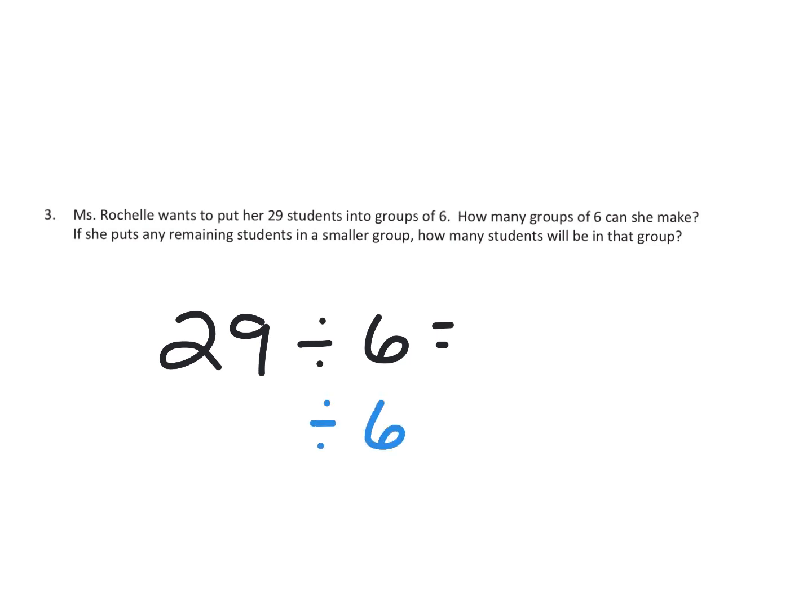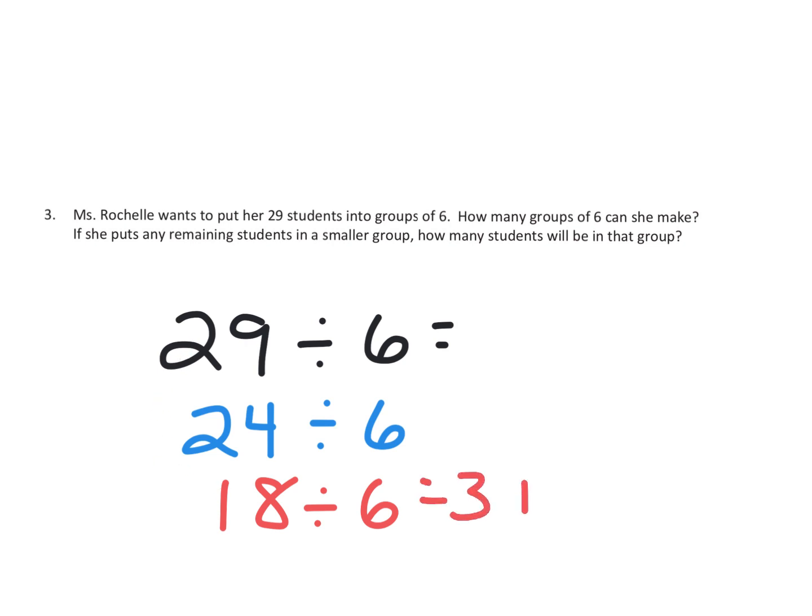Well, I know 6 can go into 24. And again, notice I found the fact smaller than 29. Notice I didn't pick 18. If I picked 18, that's way smaller than 29, and you'll see we end up with a huge remainder here, a remainder of 11.